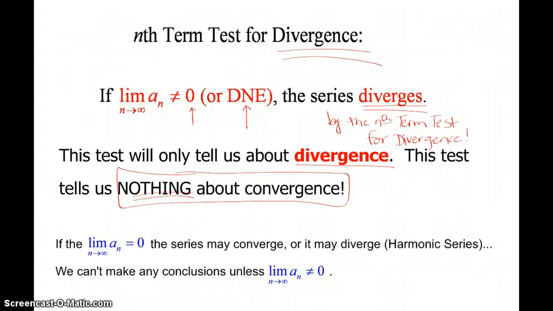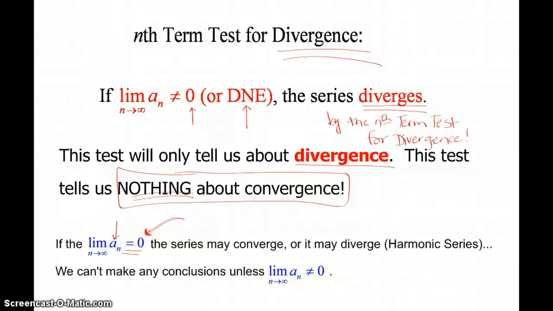So if you run the limit and you get 0 as a result, and this is the first test you're going to run, every series they give you, in your head, you're going to take that nth term, and everywhere there's an n, you're going to put in a huge number.